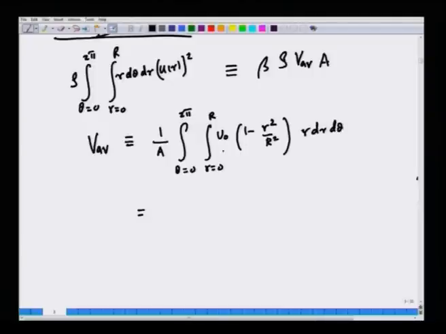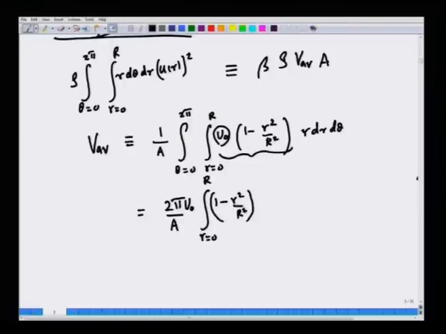First notice that the velocity expression, the integrand, is independent of theta. So, you can readily do the theta integral, giving 2 pi by A times the integral from r equals 0 to R, and since u naught is a constant, you can pull it out. u naught is the maximum velocity at r equals 0.